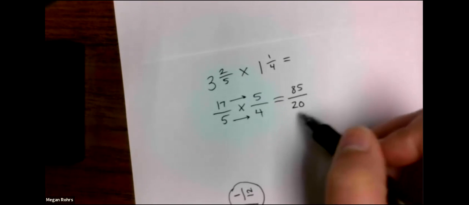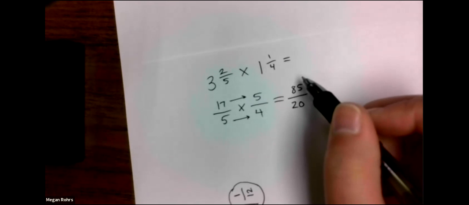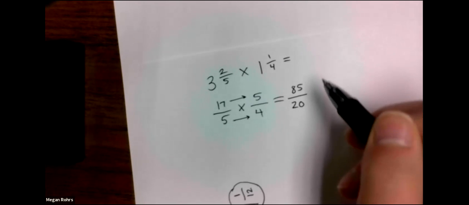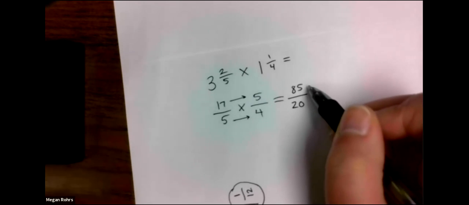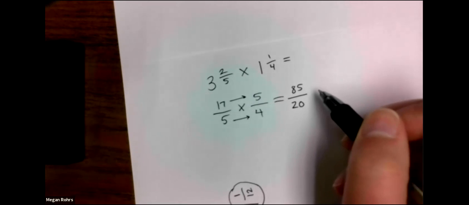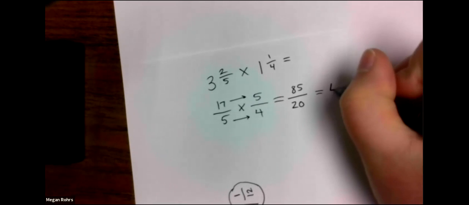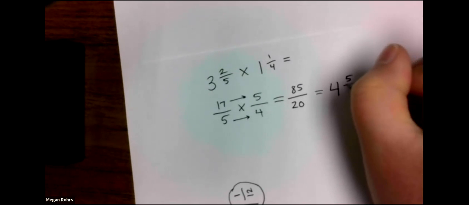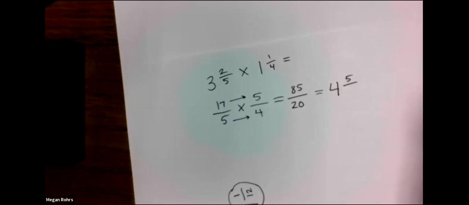Now, this is an improper fraction. Our numerator is larger than our denominator, so we need to change this into a mixed number. So 20, I know, will go into 85 4 times evenly, because 20 times 4 is 80. So 85 minus 80, there would be 5 left over, and we'll keep the same denominator.